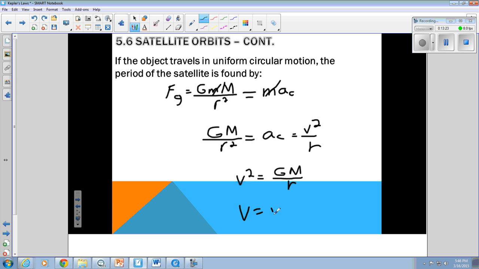Your uniform velocity of your satellite orbit, or the magnitude, is going to be equal to the square root of the gravitational constant times the mass of what you're orbiting over the radius between the centers.